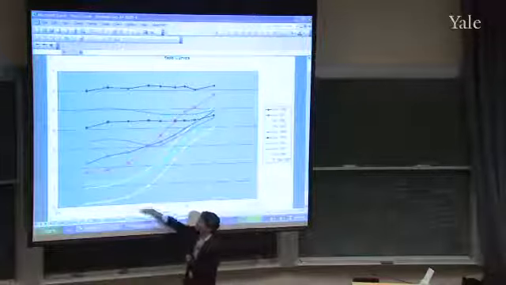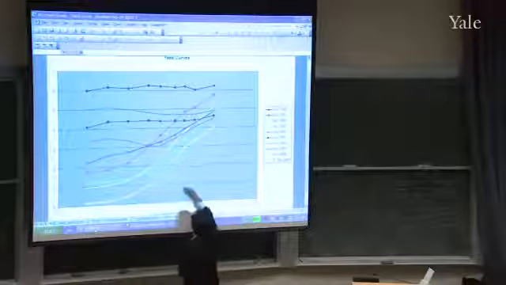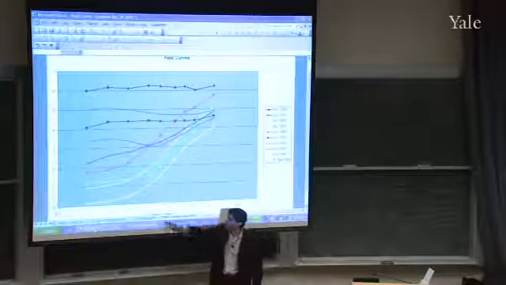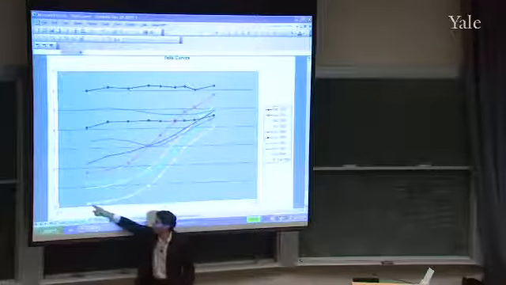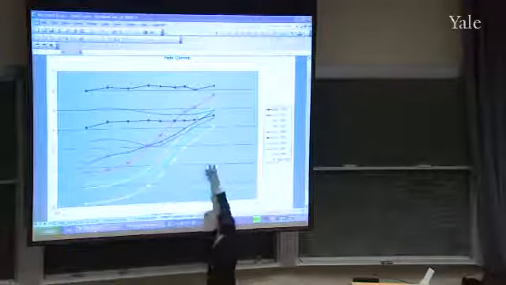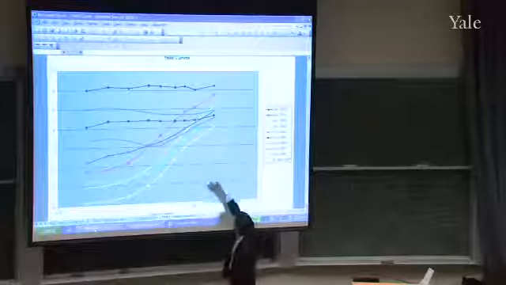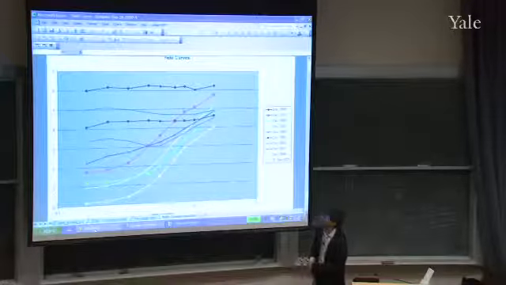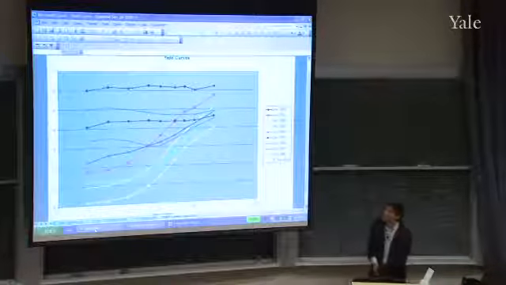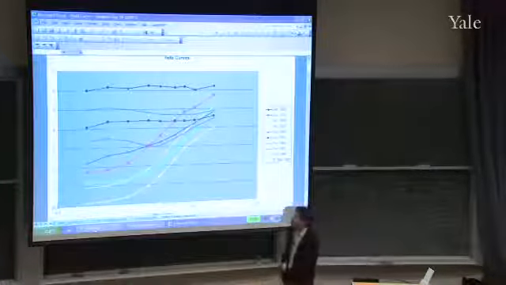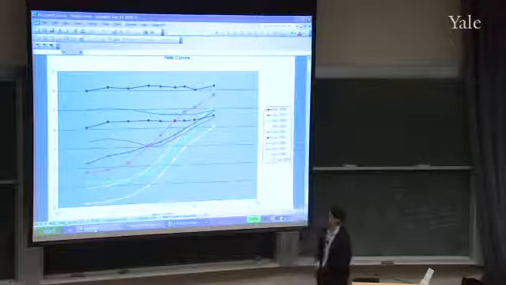Other times, like now, we're in this light blue one here, the short bonds have very small yields, and the long bonds have much higher yields. Okay, so the last one is the 30-year bond. So you get the yield on every single bond. Now, what do you notice about this picture, by the way?